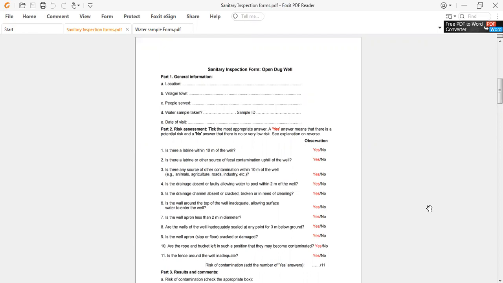Maybe you have several people collecting water from that well. So here you can list the people to whom this water serves. Then the location is the same, the village or town. For the people served, you write the number of people that carry water from this well.